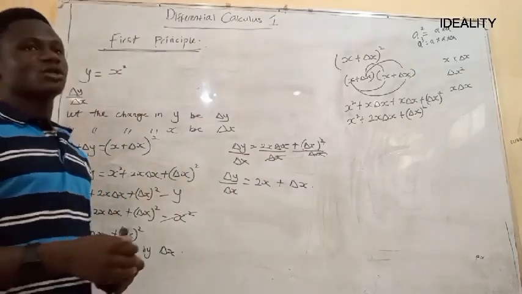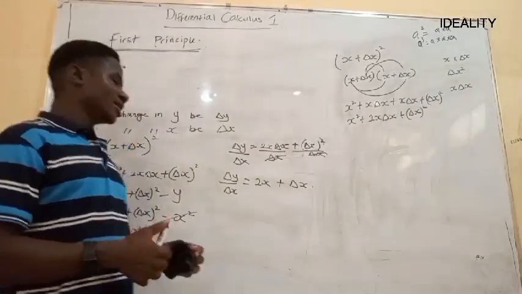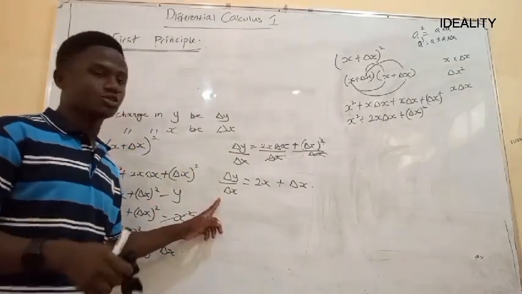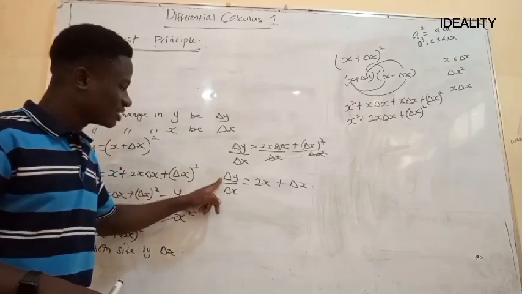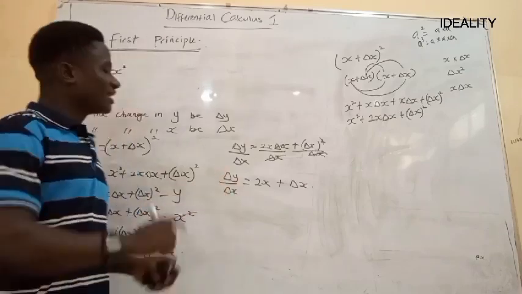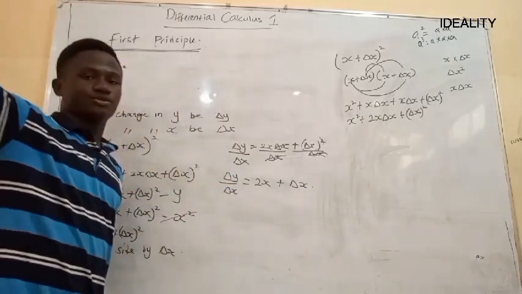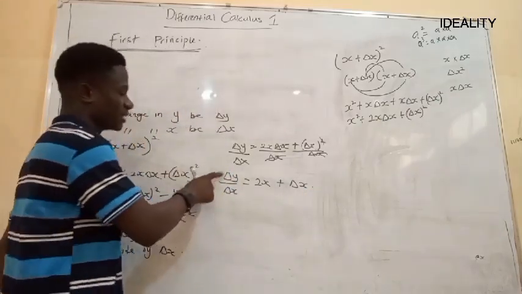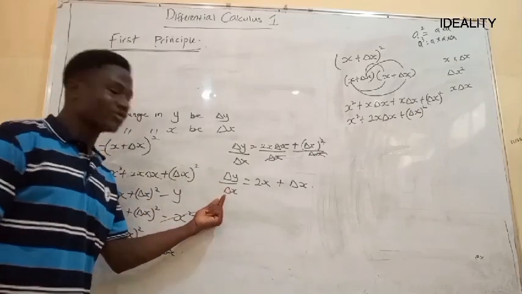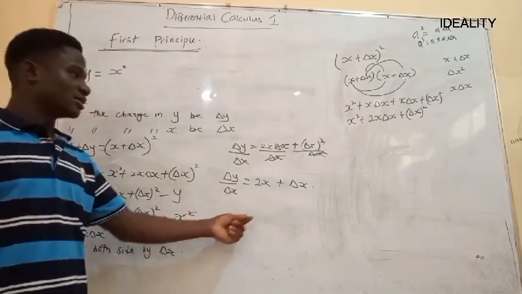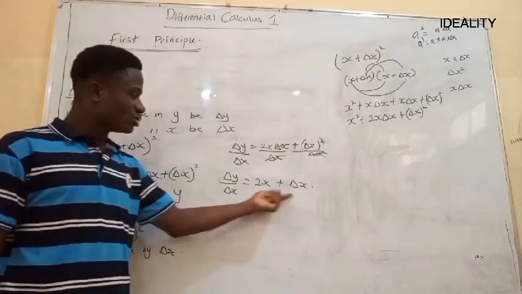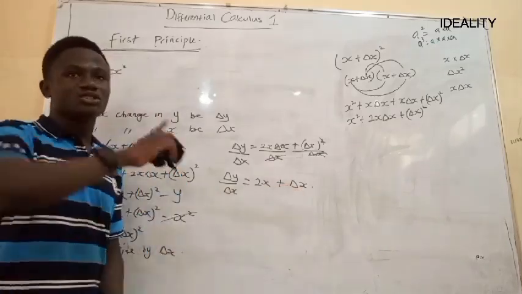Now listen, whenever you solve differentiation and you get to the point where you have your theta y over your theta x, any other theta x you have in the equation, you turn them to 0. Just like anytime you have your final answer, you're plotting your dy over dx, and you have another theta x in your equation, you turn it to 0.